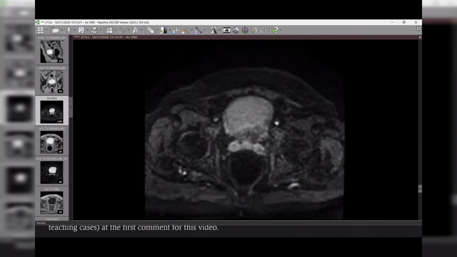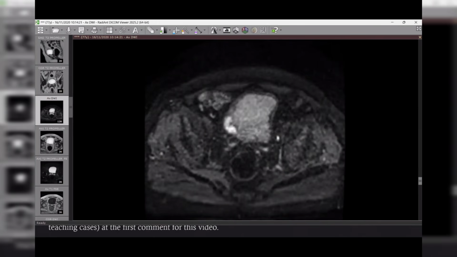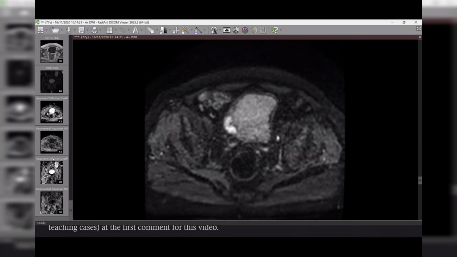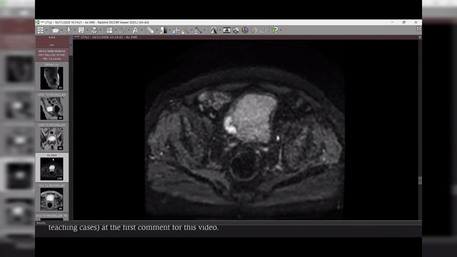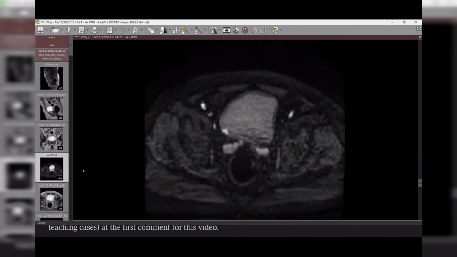My next step would be to look at the post-contrast images, and this is a T3b mass of the bladder. I would want to have a cystoscopic biopsy of this lesion and a contrast-enhanced CT scan of chest, abdomen, and pelvis for staging of the patient.